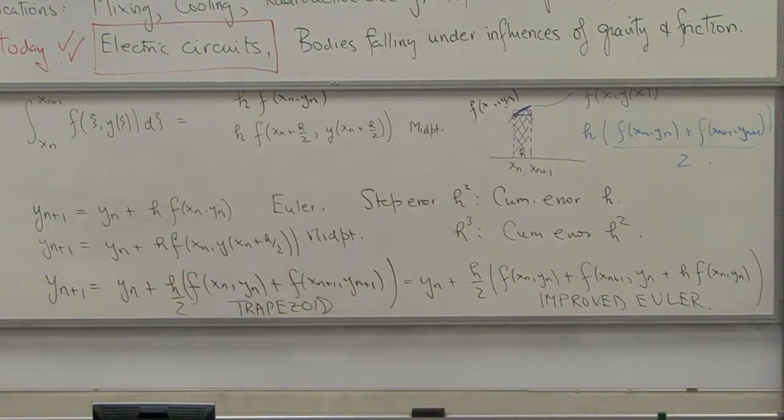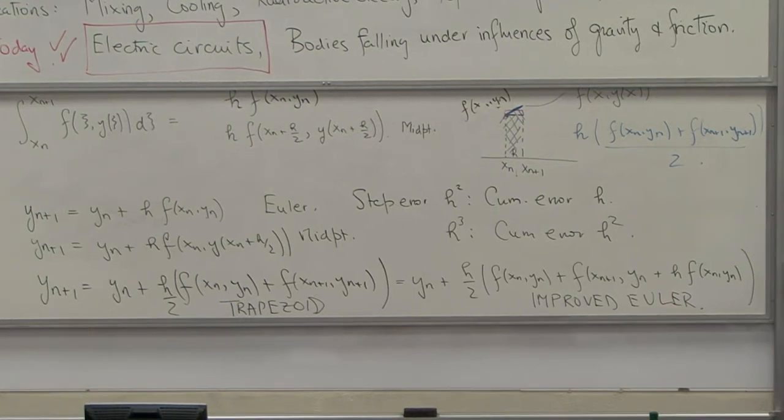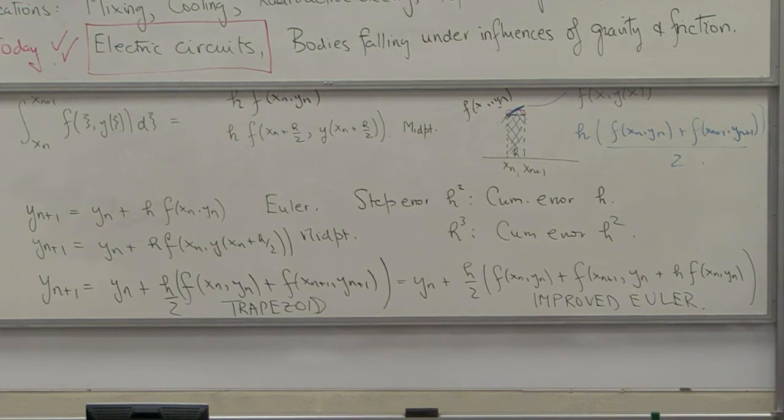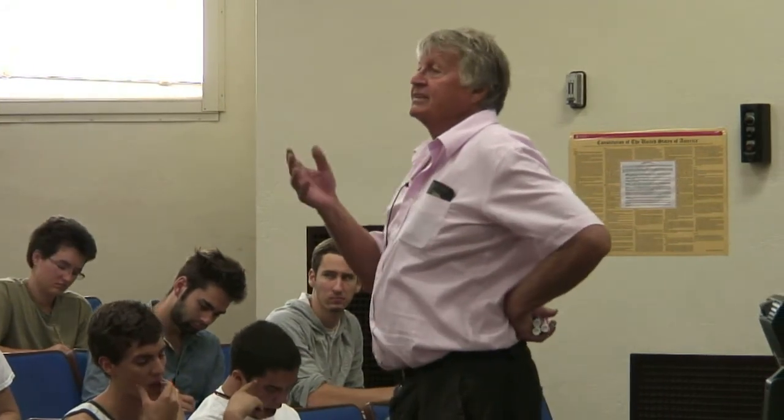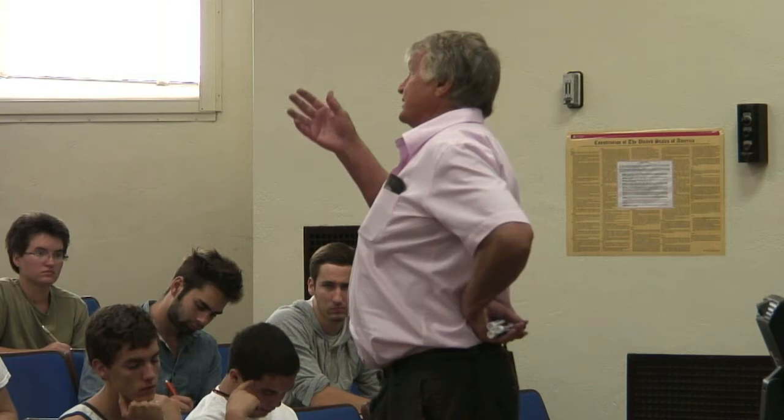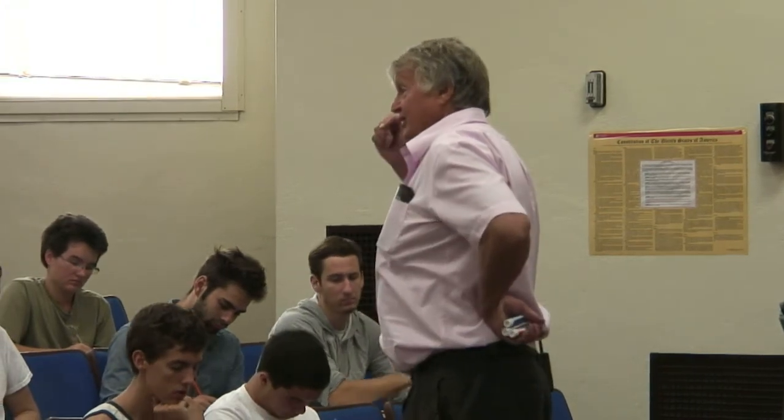So you remember in calculus in 129, you learned how to approximate integrals. What's the next one up after midpoint and trapezoid? Simpson's rule. Essentially, Simpson's rule becomes, in the differential equation, the Runge-Kutta.